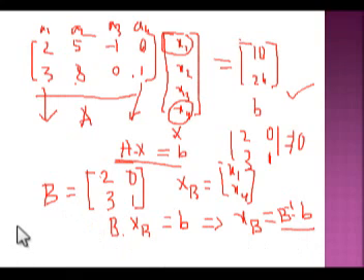So we have to know the value of B inverse. Here B inverse will be very easy. The determinant value is 2 minus 0, so it is 2.